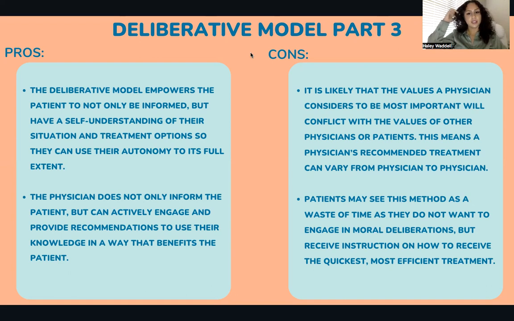Because the physician is able to use their own personal values in this model and what they think is the most important, it can be different. Not everyone has the same values. Not everyone thinks about what is important or what should be priority. So, information can vary in the healthcare team and can be confusing.